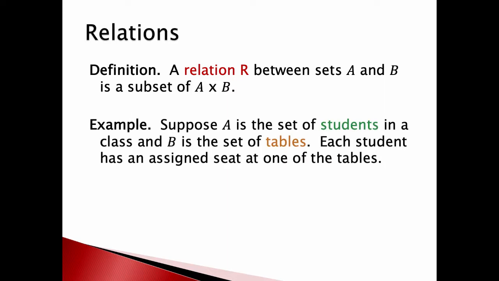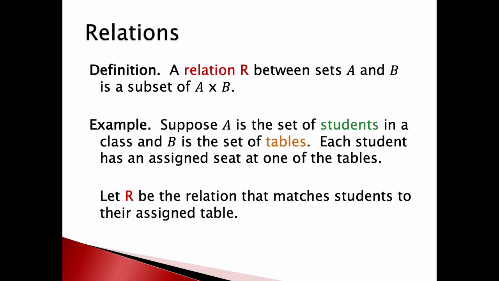So here's an example. Suppose that A is the set of all the students in a class, and B is the set of all the tables that you have. And of course, every student then has an assigned seat at one of the tables, and R could be the relation that matches students to their table. Okay, so back up for a second. What's A? The set of all students.